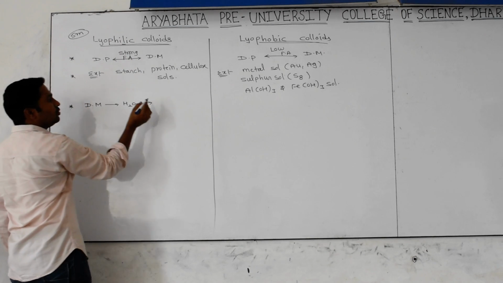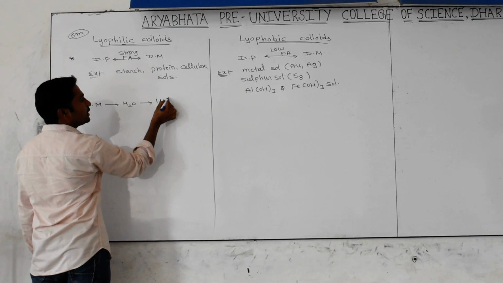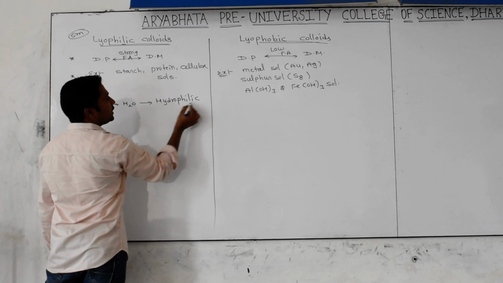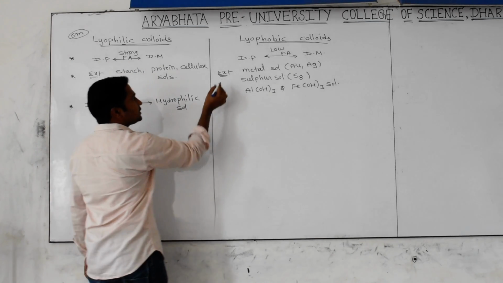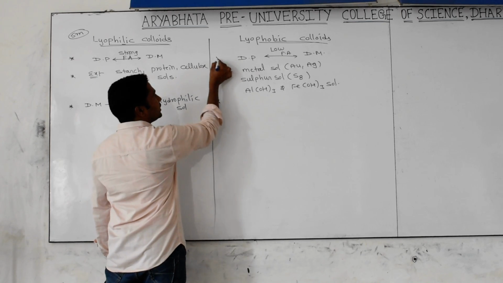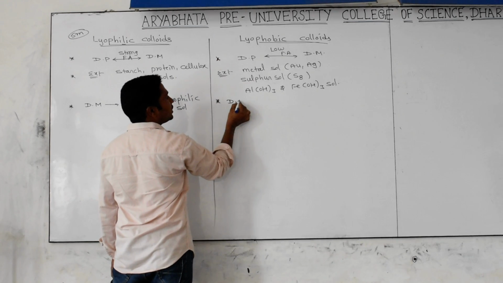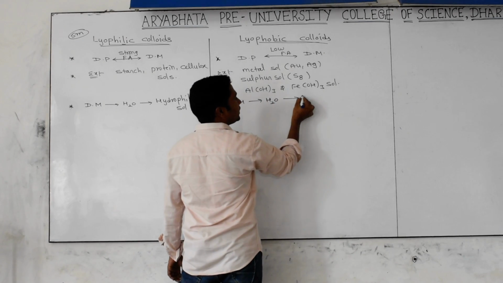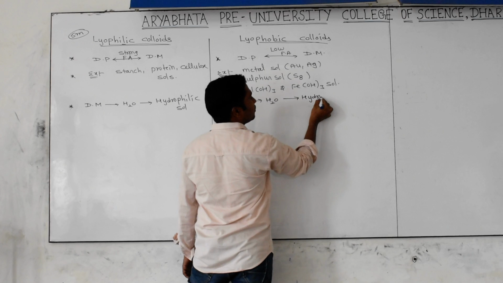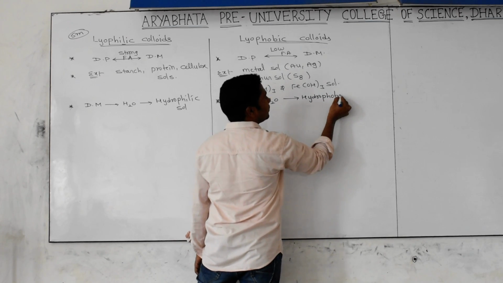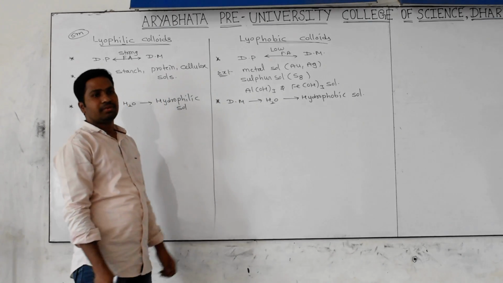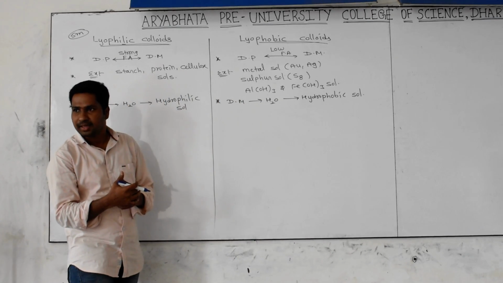It is a liquid, so we call it hydrophilic sol. In this case, if you take the dispersion medium as water, how will you call this sol? Yes, very good, it is nothing but a hydrophobic sol. It means in that sol the interaction force between water and the dispersed phase particles will be less.